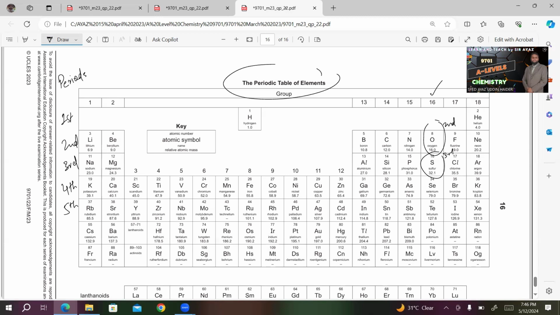So oxygen must be having fewer shells as compared to sulfur, which means there will be less shielding of incoming electrons or outer electrons. Oxygen also has lower nuclear charge than sulfur. That's why it has greater attraction for the incoming electrons by the nucleus. The main reason is it has fewer shells and there will be less shielding of outer electrons.